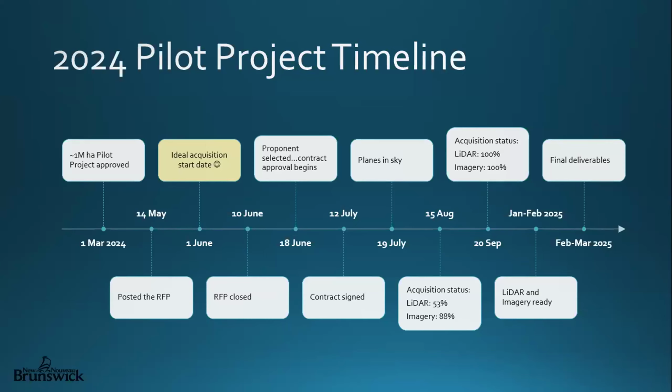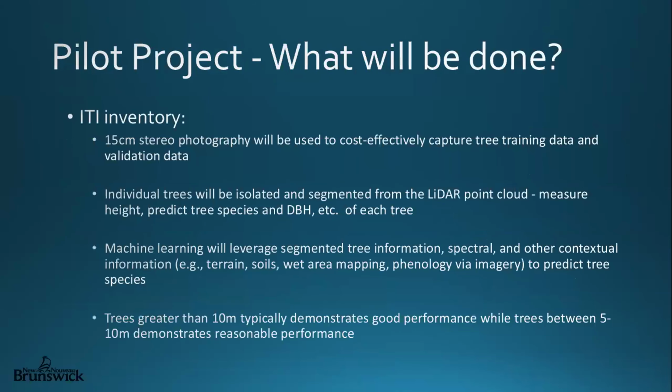As for that pilot project's final deliverables, we're expecting them this month and into the next coming months. We've actually started receiving information this week, so that's exciting that we have access to that new information. So for this particular project, an ITI inventory will be done.